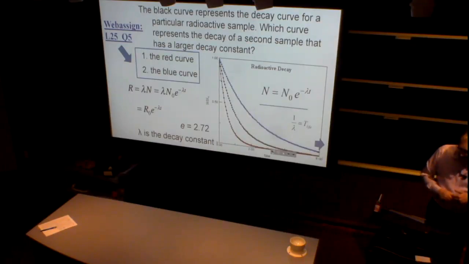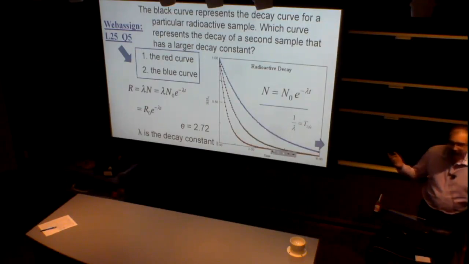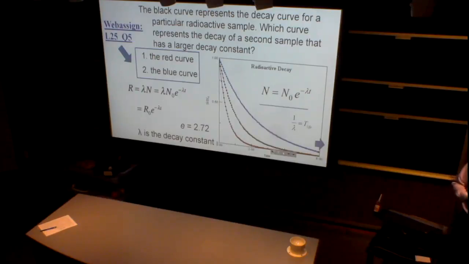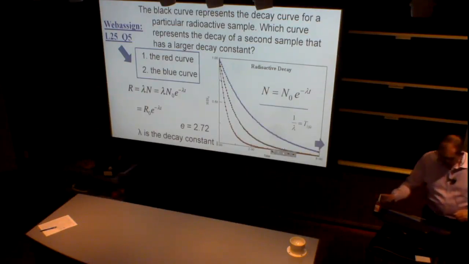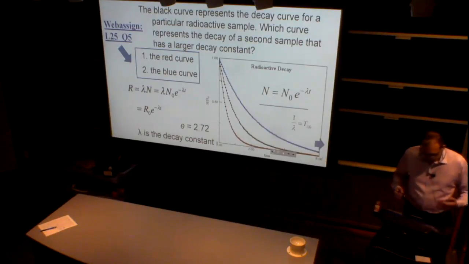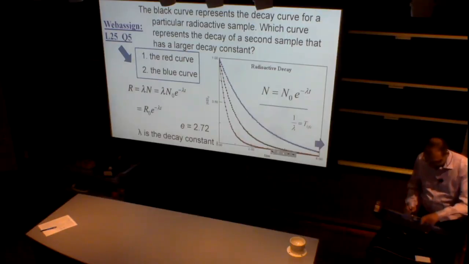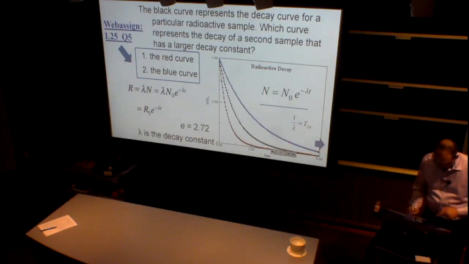So, what is the answer? What do you think? Red or blue? Which graph, red or blue, shows faster decay? Red. Where is 1/3? 1/3 is about here.